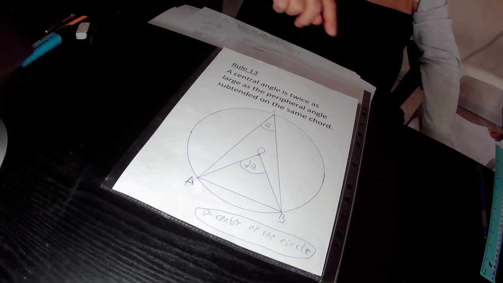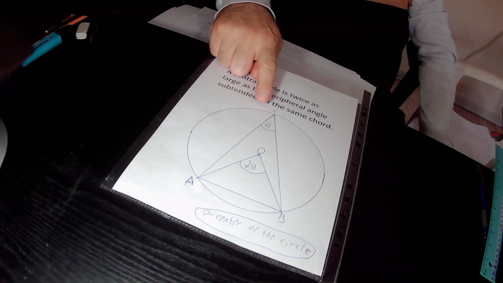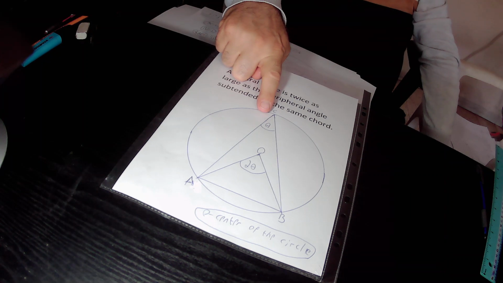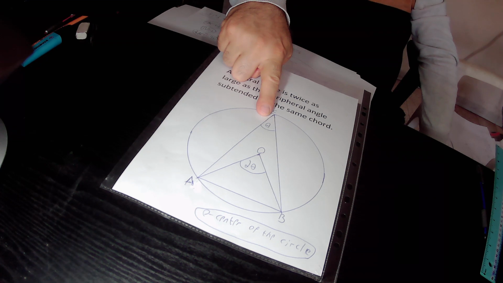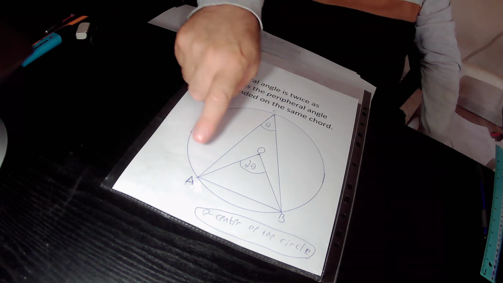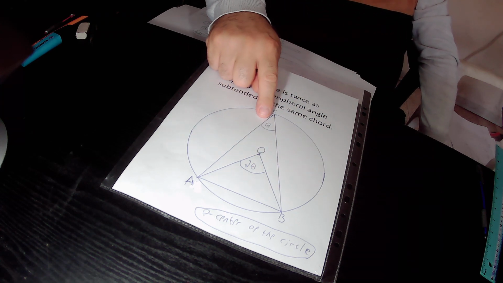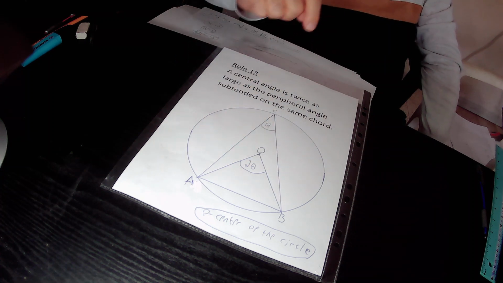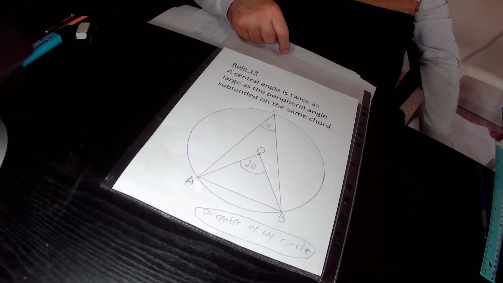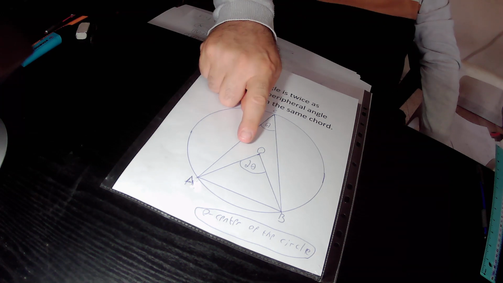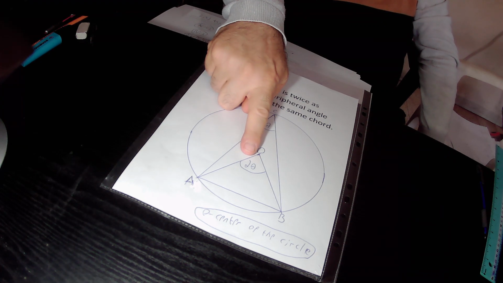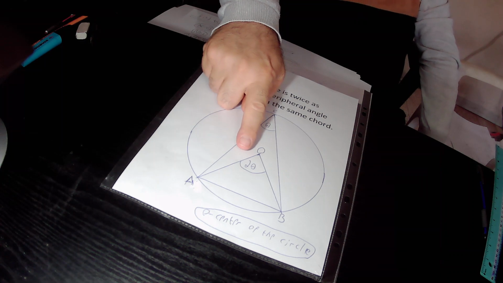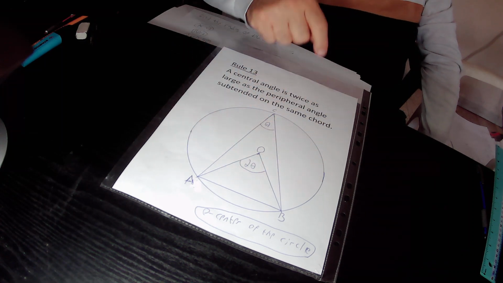In the drawing we have a circle, and this is peripheral angle ACB. The size of this peripheral angle ACB is theta, and it is subtended on chord AB. Likewise, we have the central angle AOB, subtended on the same chord AB.